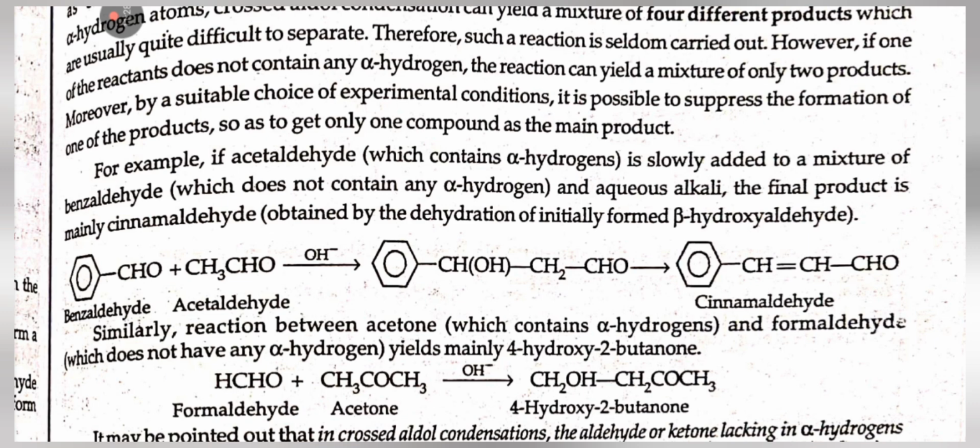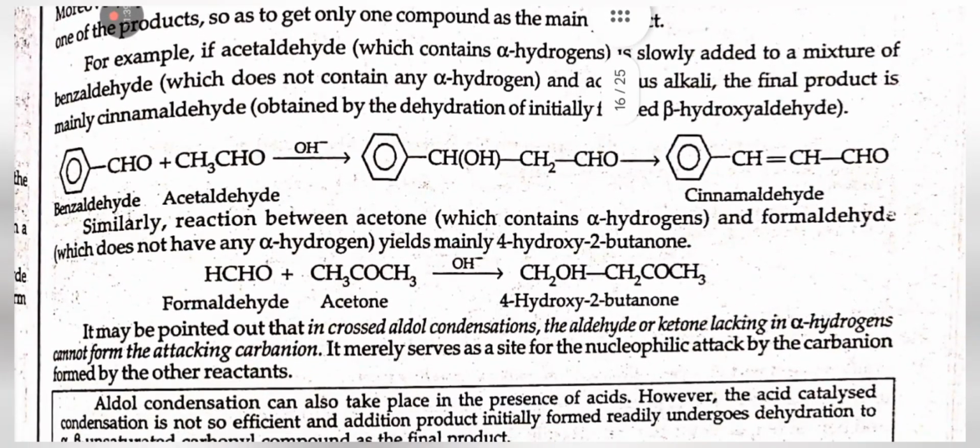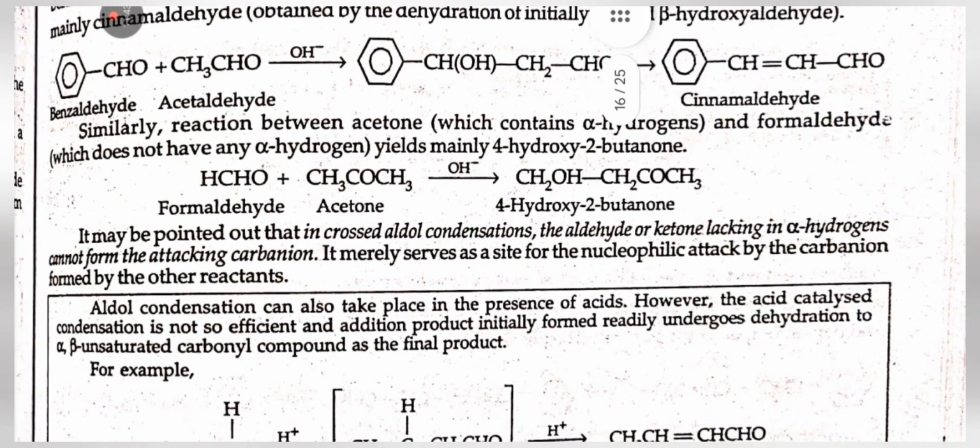For example, if acetaldehyde is slowly added to the mixture of benzaldehyde and aqueous alkali, the final product is mainly cinnamaldehyde. Example, benzaldehyde plus acetaldehyde on reaction with OH- will give cinnamaldehyde. Similarly, reaction between acetone and formaldehyde yields 4-hydroxy-2-butanone.